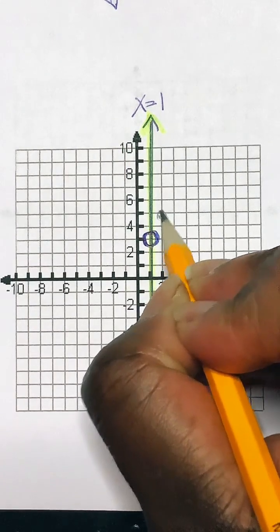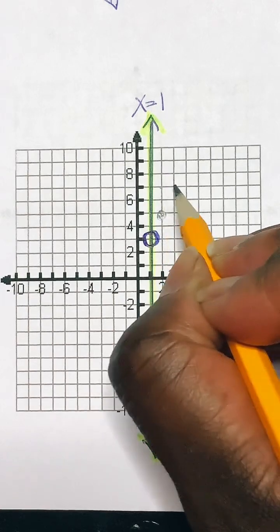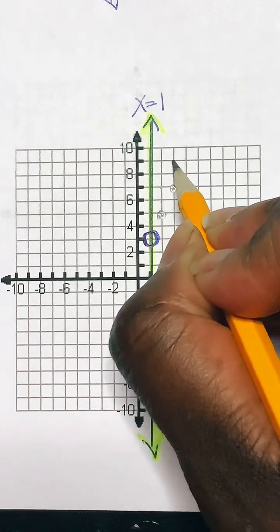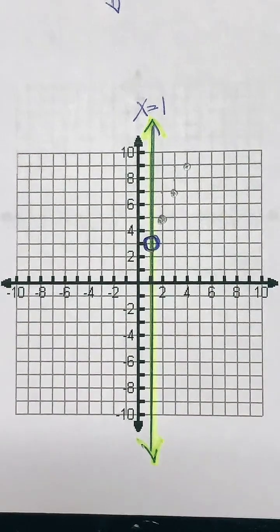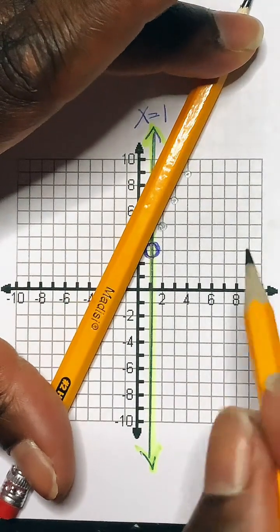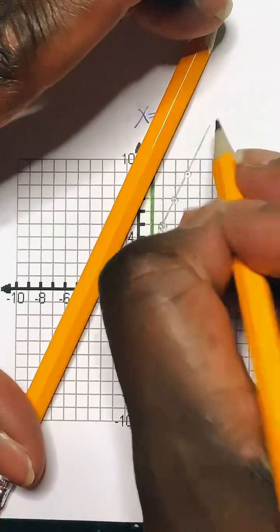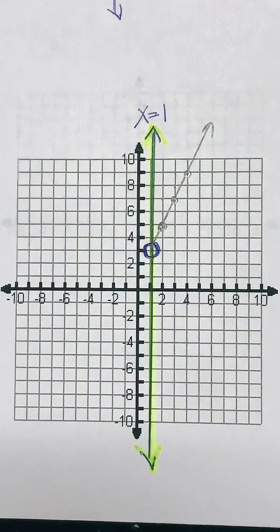Draw a point. Up 2 over 1. So now you can see that line that's being drawn. Okay, and then we just, boom, right to that point, draw our line. Draw our, not our line, draw our ray.